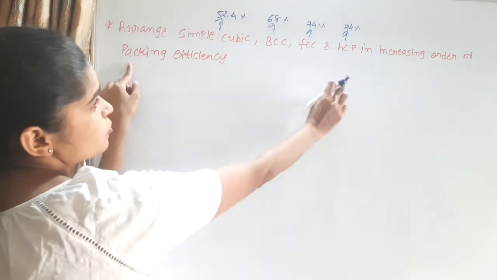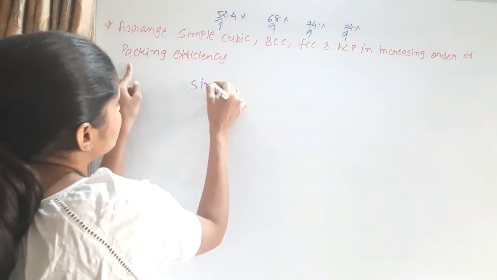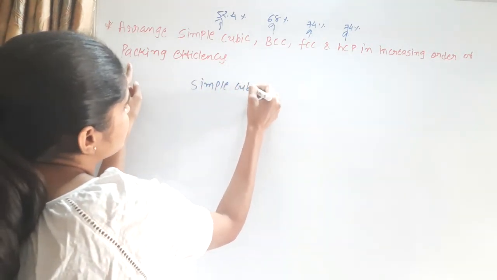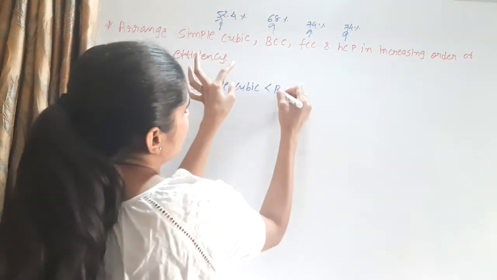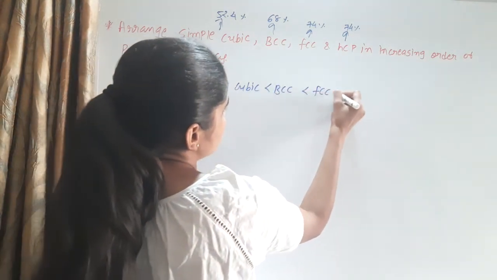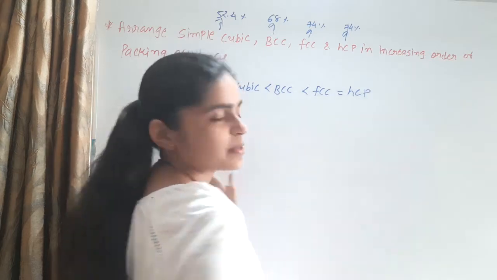So the increasing order is first simple cubic, then body center cubic, then FCC equal to HCP.